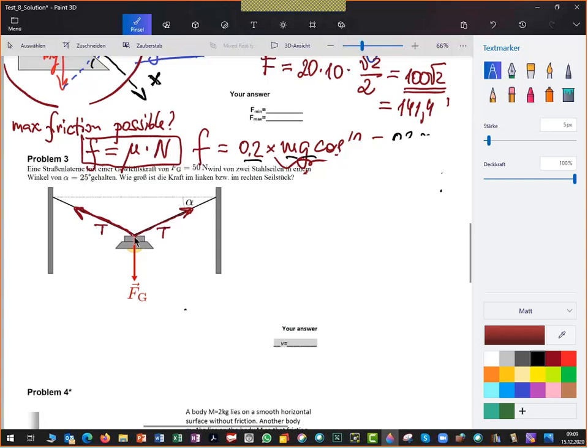I think this is what you agree with, right? So they should be equal because it's a totally symmetric system. So we are not searching for T1 and T2, but we are searching for one single T value, which is equal for the left and right side.